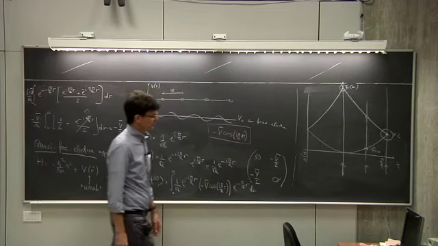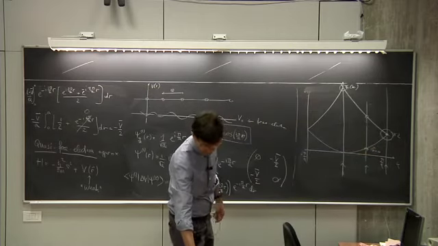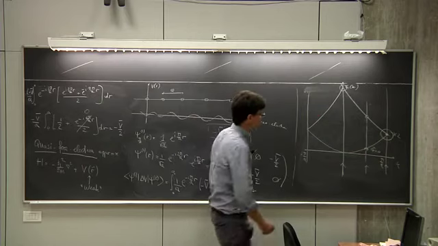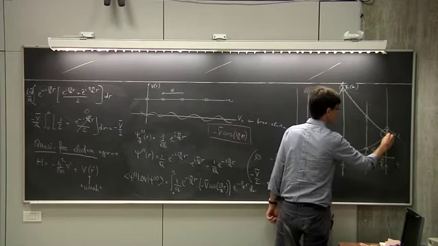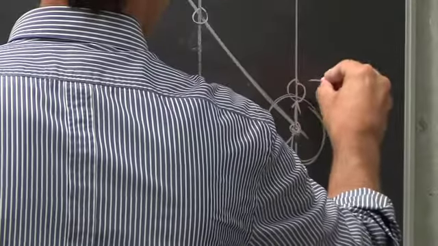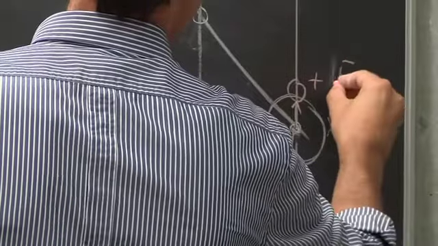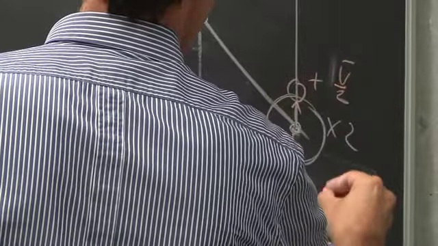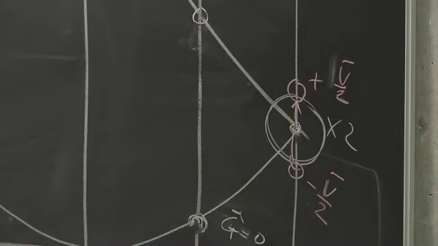Okay, so what used to be a degenerate manifold here is now split into 2 states, one at plus v bar. Well, v bar is positive, right? So I can just put v bar over 2, minus v bar over 2. I don't need to care about the signs because I know that v bar is positive.